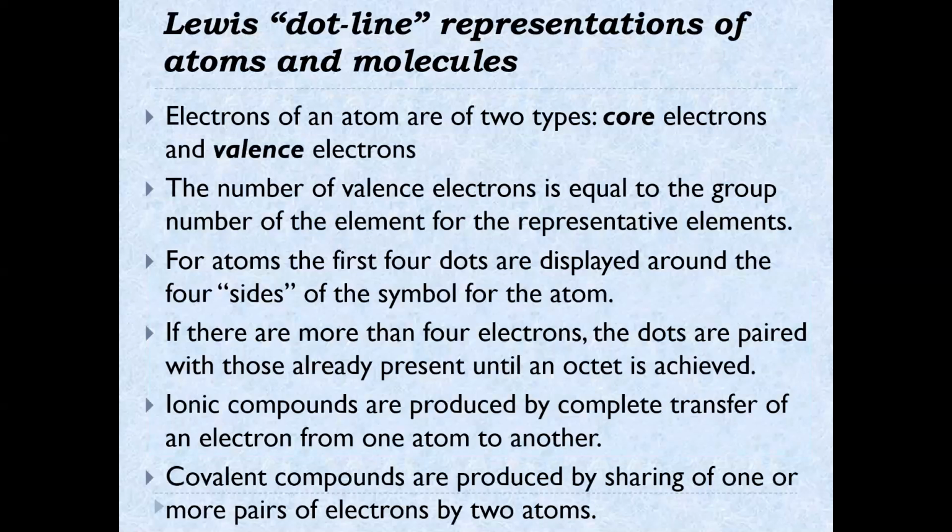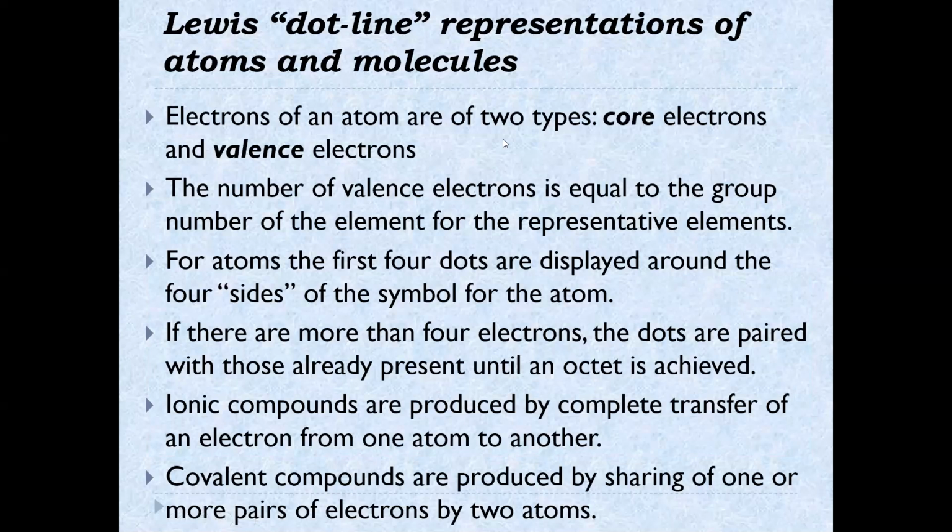So the Lewis structure now, and how we get that. The Lewis dot line representations of atoms and molecules. Just like we can use the Lewis structure for atoms, we can also use it for molecules.